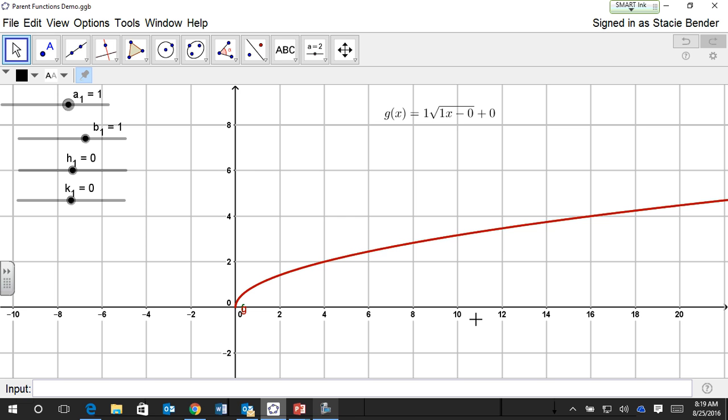So let's think about what's happening here. My original function is, which one is this one? Square root. So I have f and g both on the same square root. g is basically covering up f. Watch what happens when I make this guy, the one beside the x, a negative 1.